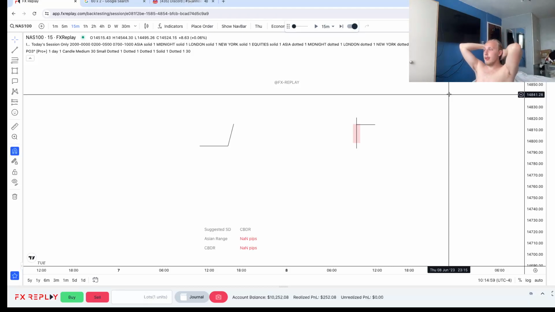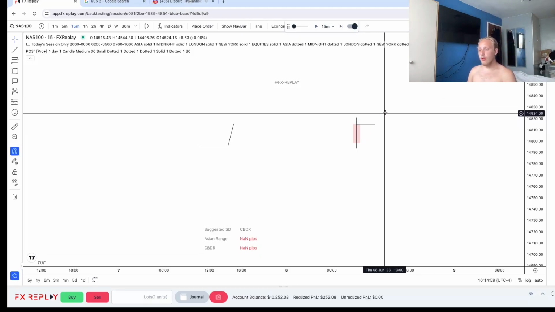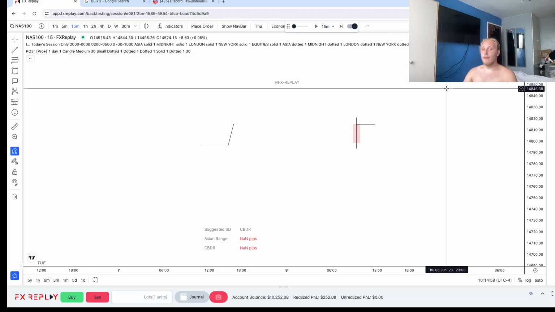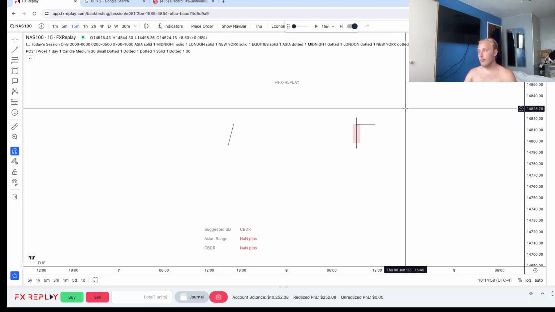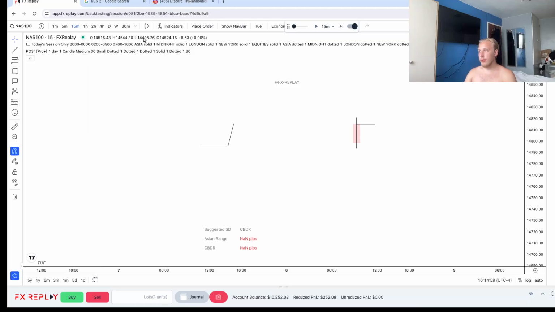So this is literally how the candles print. It's been right in front of you the whole time. If you've ever wondered what these numbers meant, open, high, low, close, it's been right in front of you the whole time.